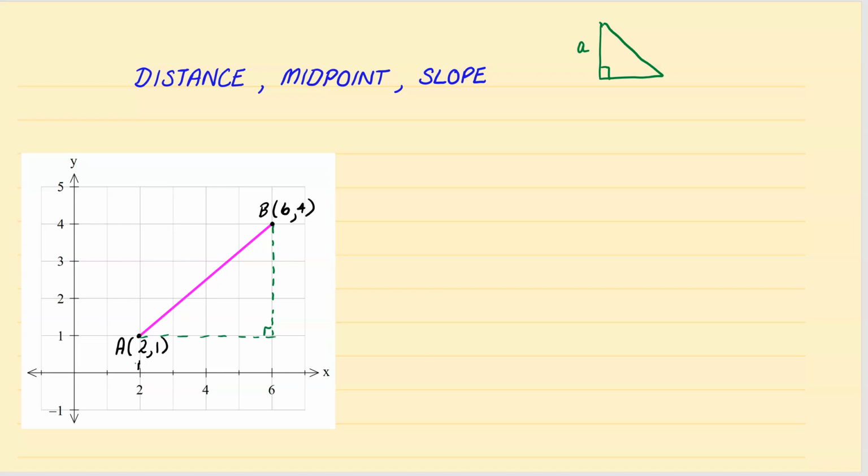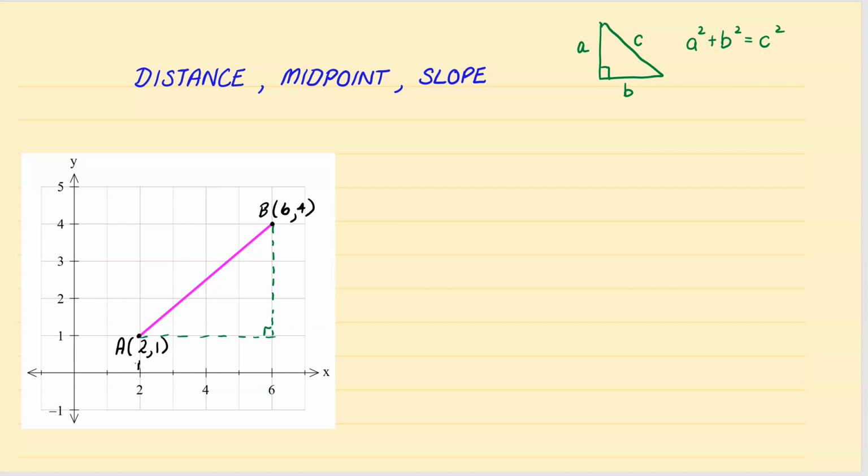The two lengths that make up our right angle, we call them a and b, and the diagonal, which is the longest side, also known as the hypotenuse, we just call c. We know that Pythag says a squared plus b squared equals c squared. So that's what we're going to use to find this length here.